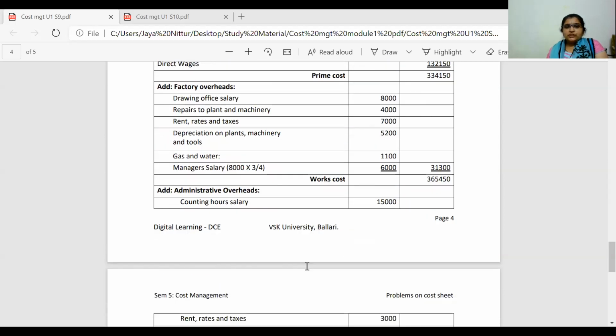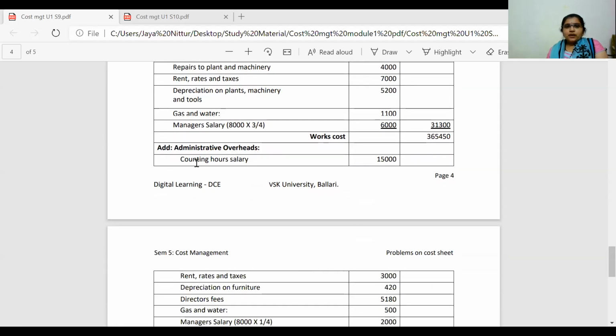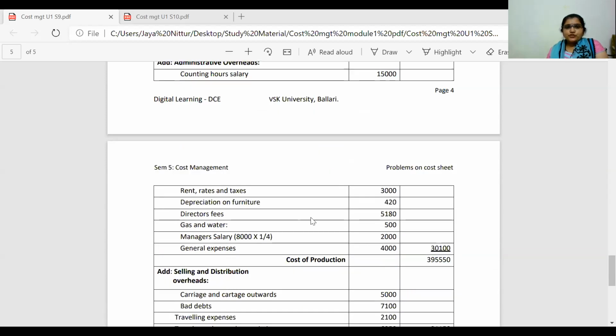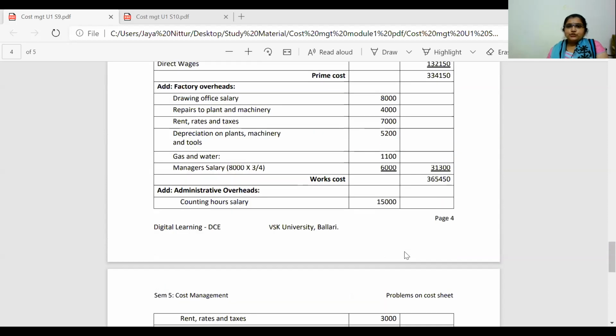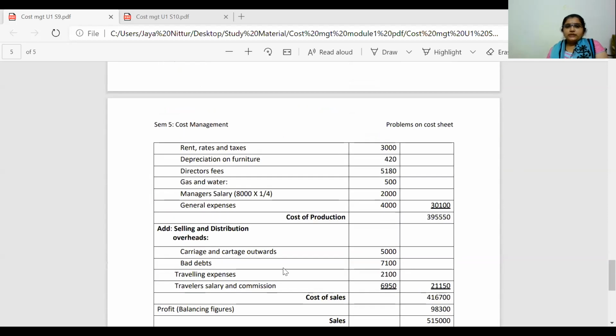To this works cost, we add office overhead: counting house salary, rent and rates and taxes, depreciation on furniture, directors' fees, gas and water related to the office, manager's salary, general expenses. Totally 30,100 is the administrative expenses. After adding this to the works cost, we get the cost of production of 3,95,550.